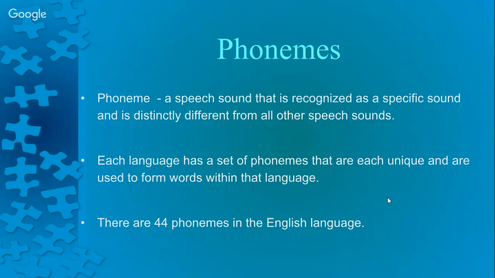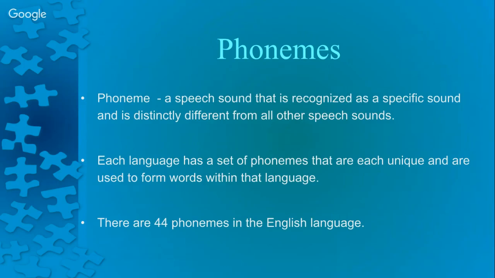Phonemes are the individual speech sounds that are recognized as a specific sound that is distinct from every other sound in that language. So one phoneme is unique compared to every other phoneme. One phoneme is a speech sound that is entirely unique from every other phoneme in that language.